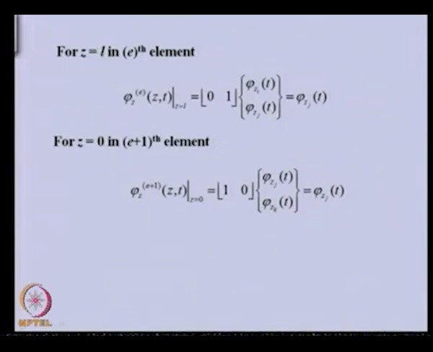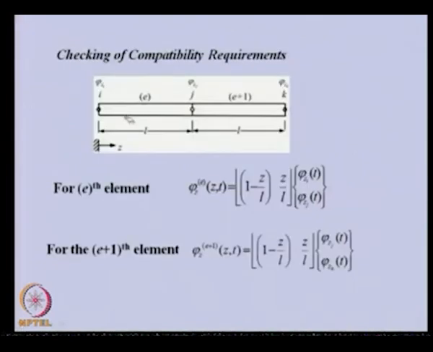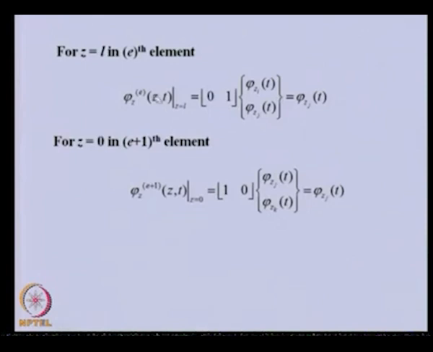If you look back at this element, for z is equal to L, this is the node, and this is the local coordinate system. If we put z is equal to L, N1 will be 0, and Ni will be 0, and Nj will be 1, and if we multiply this, we get the field variable at the jth node.